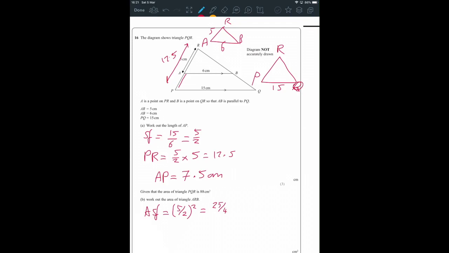We have the area of PQR, which is the large triangle, and we want the area of the smaller triangle, so the area of ARB is going to be that 88 divided by this scale factor. We're looking for the smaller triangle. 88 divided by 25/4 gives me 14.08 centimeters squared.